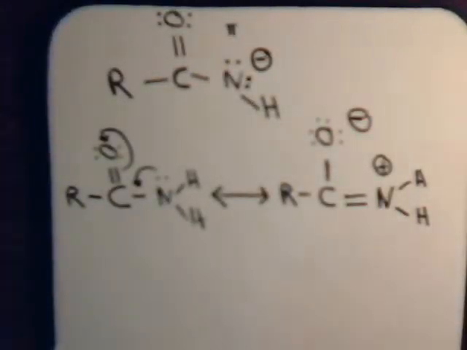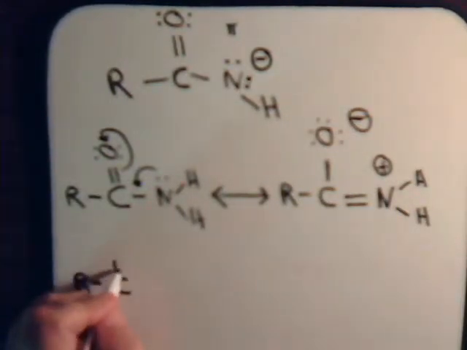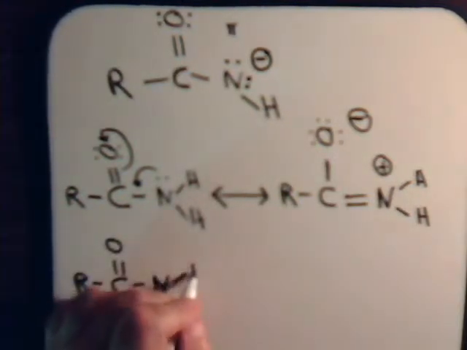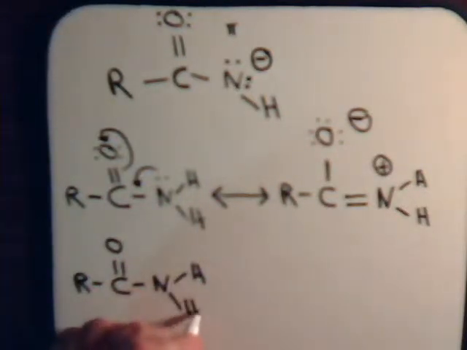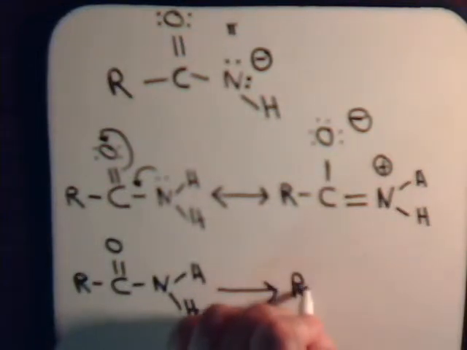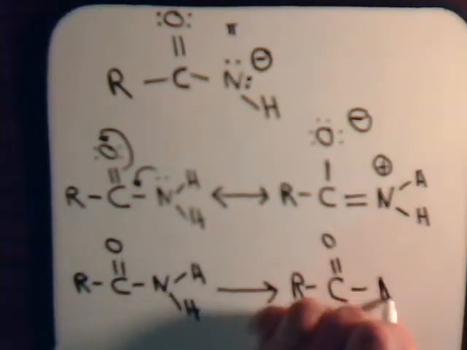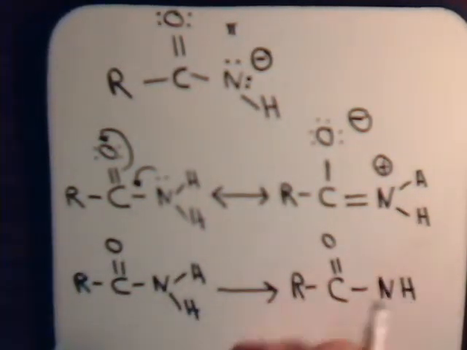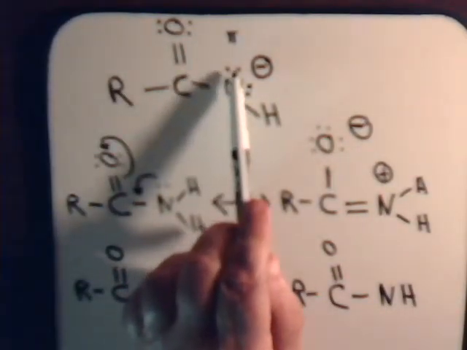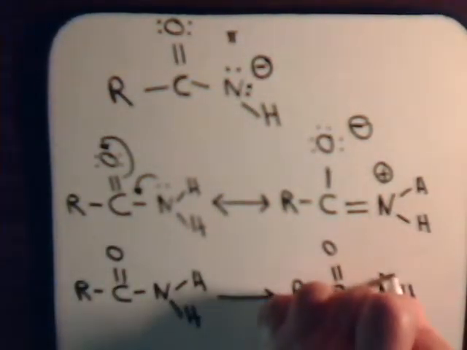So what we're saying is that here we have this. Now what happens if it loses a proton? So now we have N with one hydrogen. And remember, it did have a lone pi electron up here.